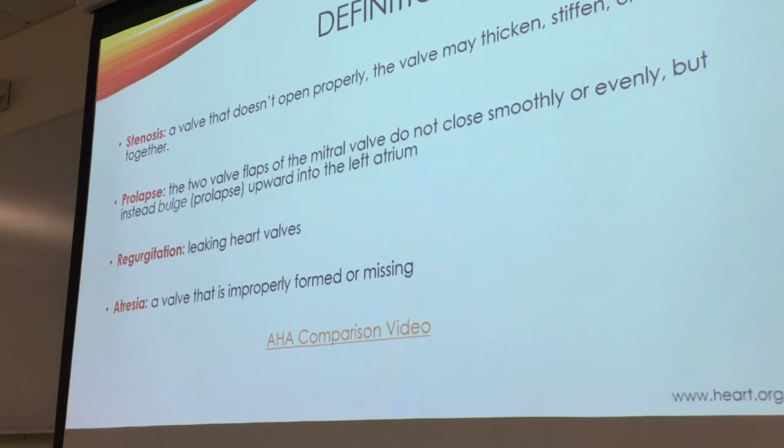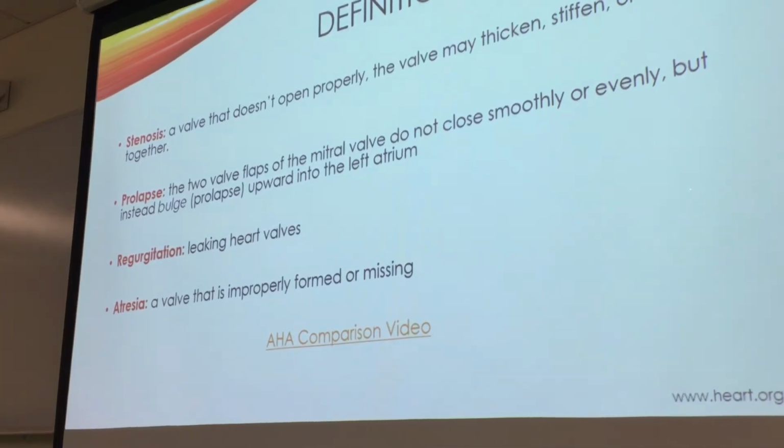Prolapse is when the flaps of the valves kind of bulge up into the atrium, which I can show you a little video in a minute, which helps to visualize it a little bit better. But basically it balloons up into the atrium. It's not working effectively when it balloons.